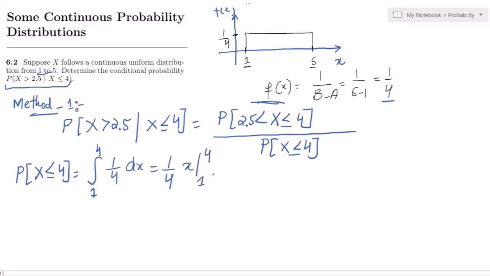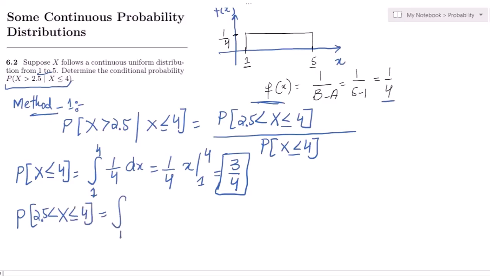Simplifying it, what would we get? This would be 4 minus 1 divided by 4, so it would be 3 by 4, the value of it here. Also the probability that x is greater than 2.5 and less than or equal to 4, here the only difference would be to make it from 2.5 to 4.